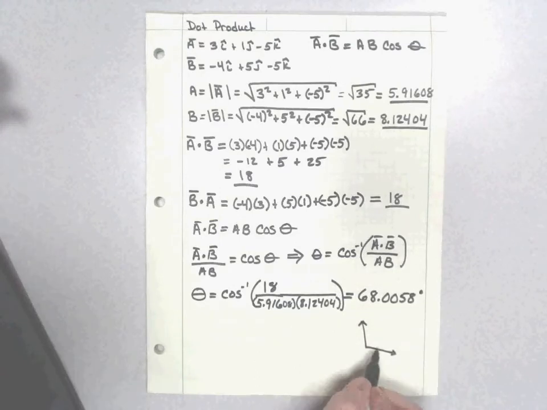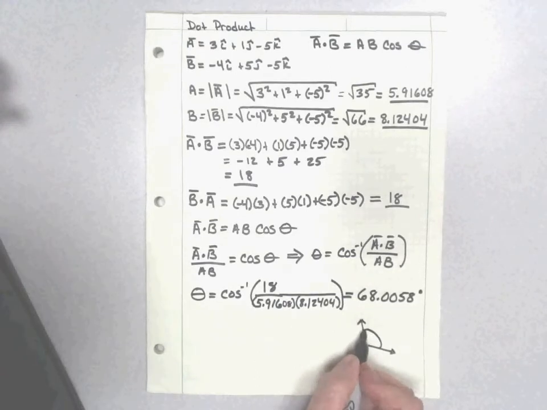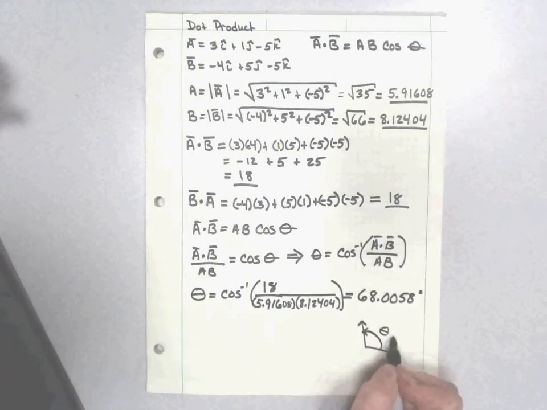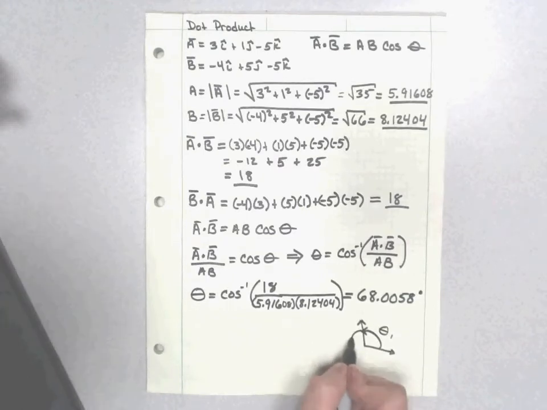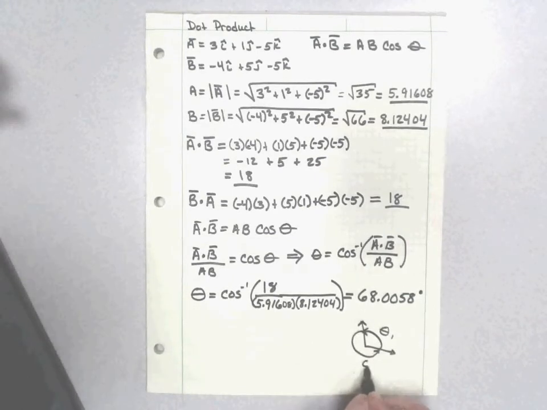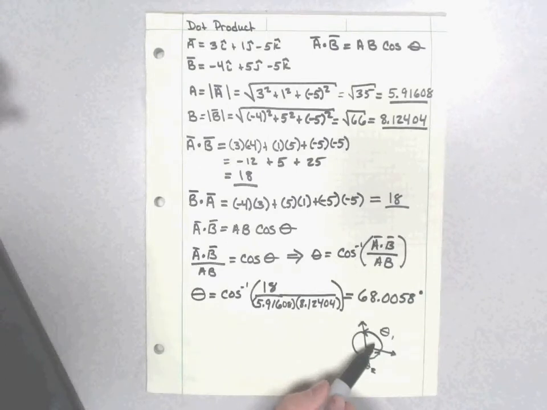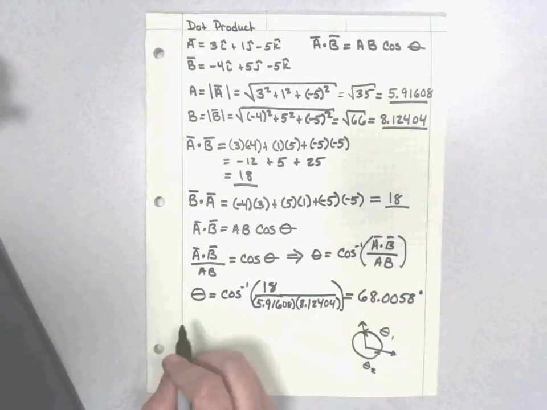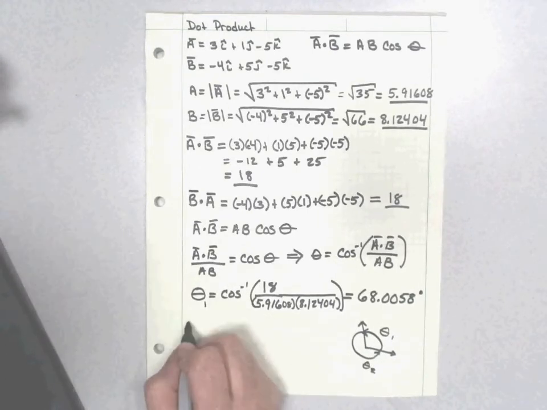Now between any two vectors, just two random vectors here, there are always two angles. There's this angle, call that theta 1, and this angle, we'll call that theta 2. Notice that these two angles make a complete circle. Your calculator will always give you the smaller angle of the two. So we'll call that theta 1.